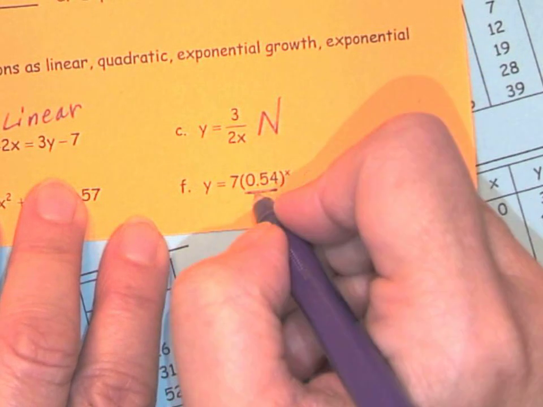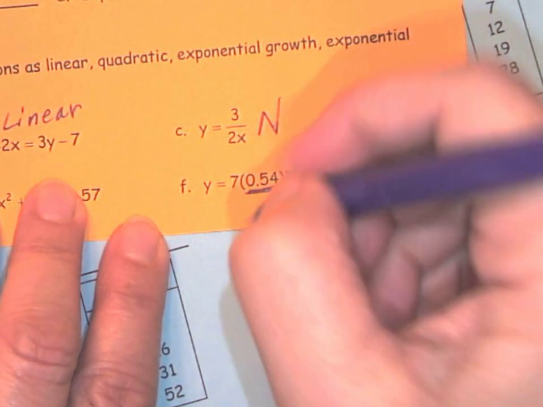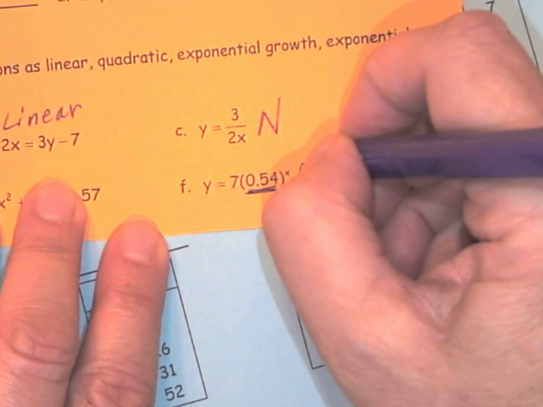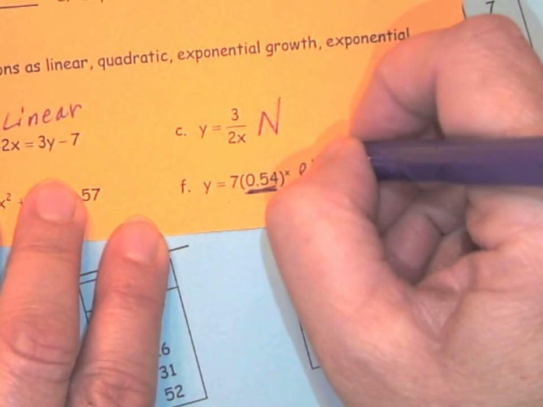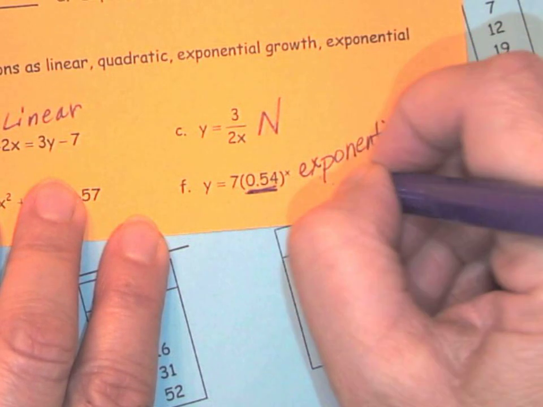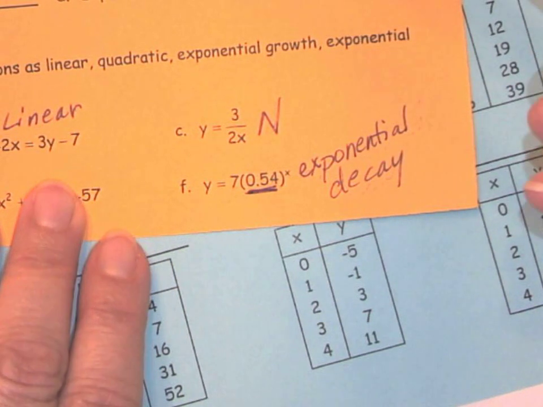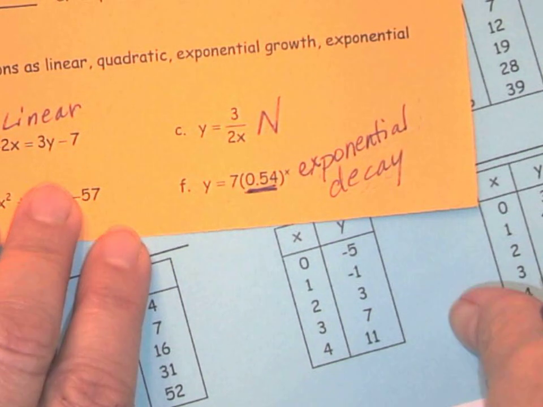We don't worry about the negative. We just basically look at the ones between 0 and 1. A decimal or a fraction, that means it's getting smaller. It's multiplying by 0.5, which is like cutting it in half every time. So this one would be exponential decay. It's getting smaller. So this is how you tell functions from the graph and the equation.